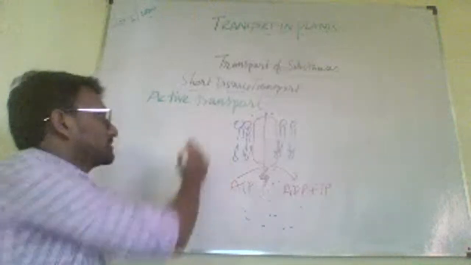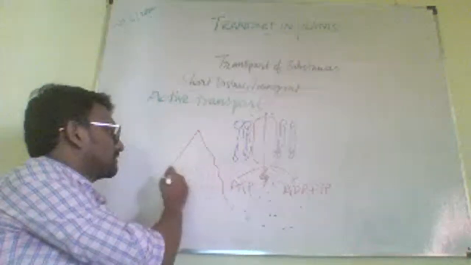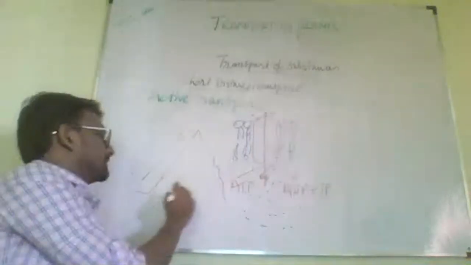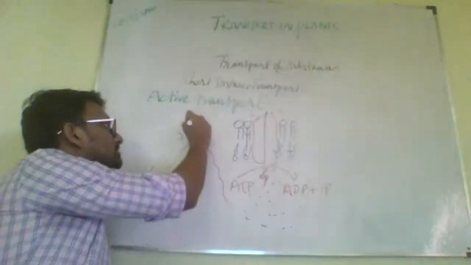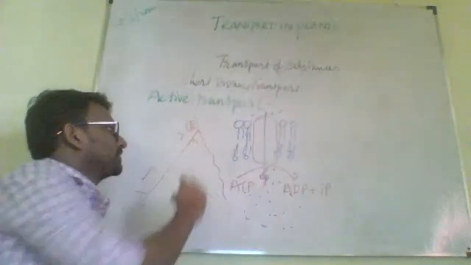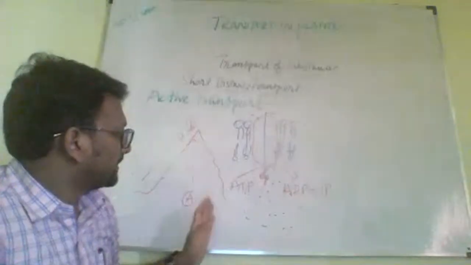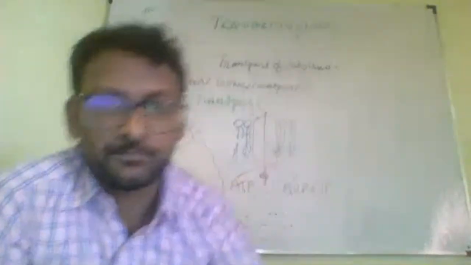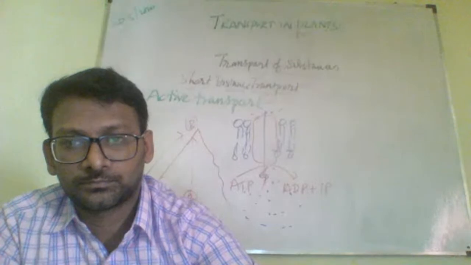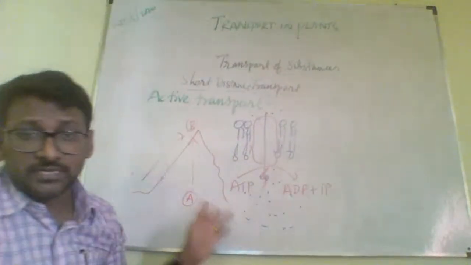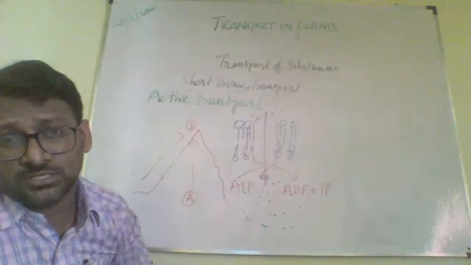My simple question is, there is a hill like this, a mountain or hill. Let's assume this is point A and this is point B. Which would be the more energy consuming movement, A to B or B to A? Which would be the more energy consuming or time taking process?